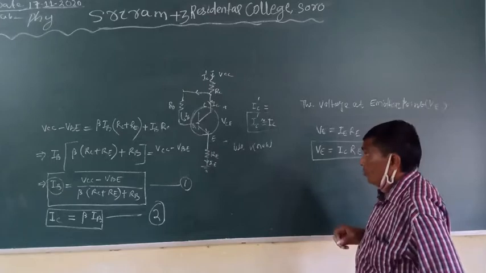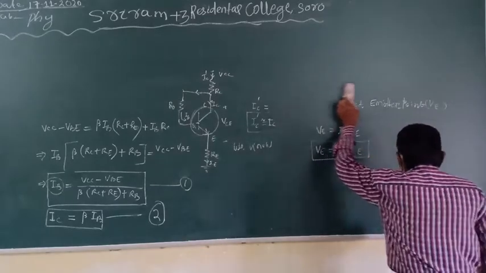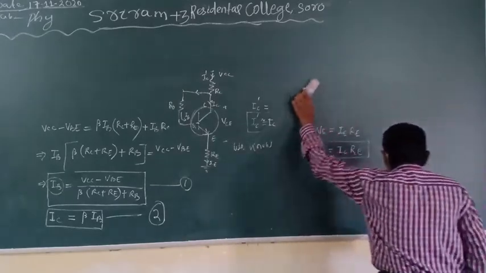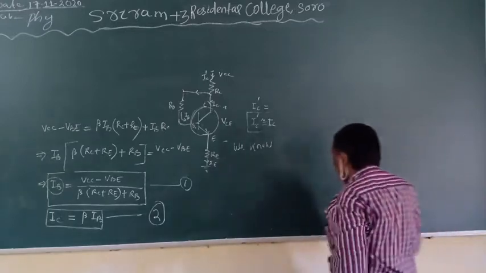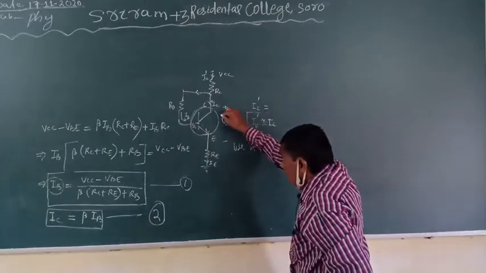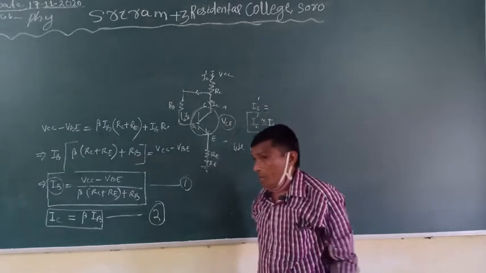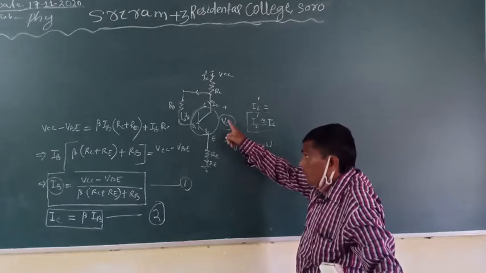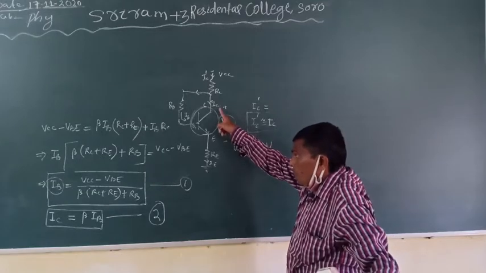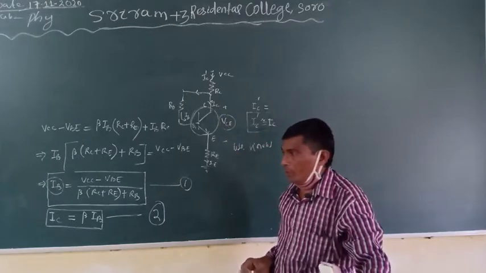Now again we calculate the collector emitter voltage, that is VCE. This is the voltage from collector to emitter.